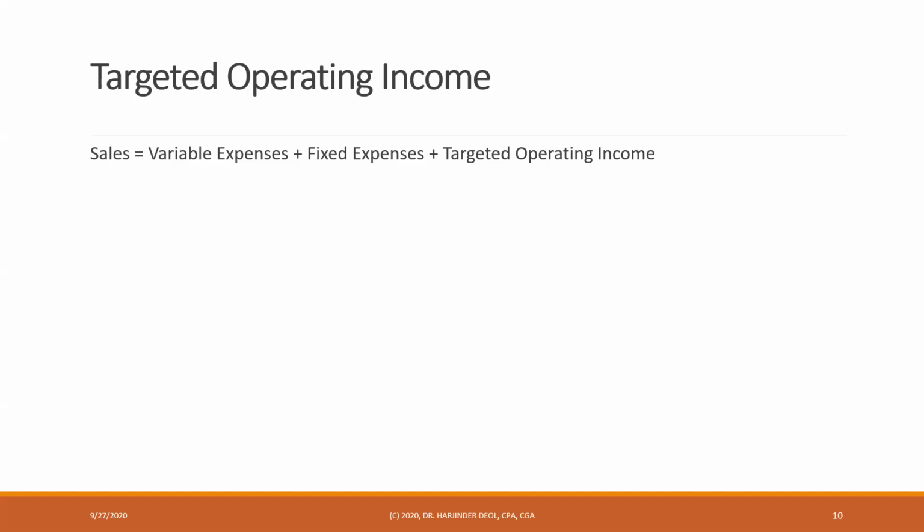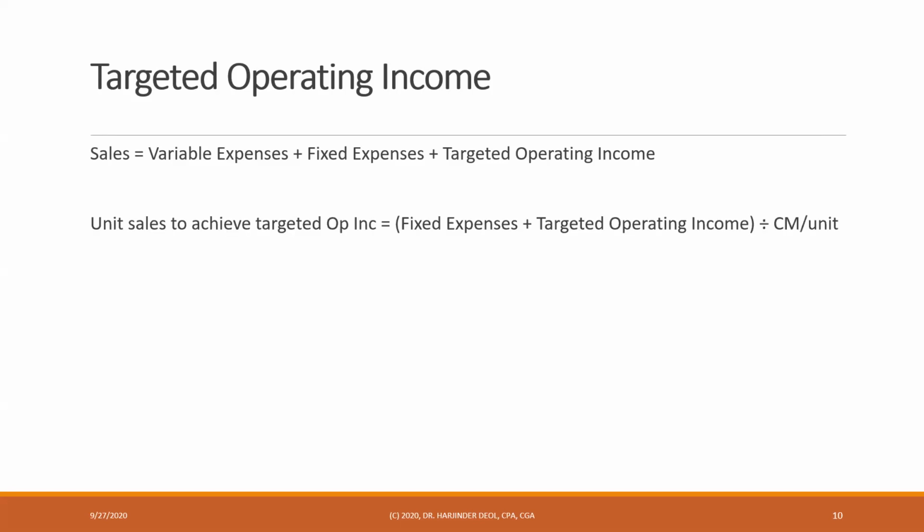That is the whole premise of this calculation with targeted operating income. So our total sales in that case would have to be enough to cover all of our variable cost, cover all of the fixed cost, as well as the target operating income that we intend to achieve.